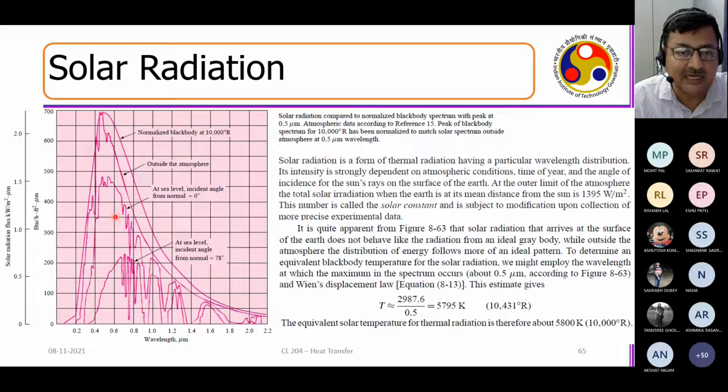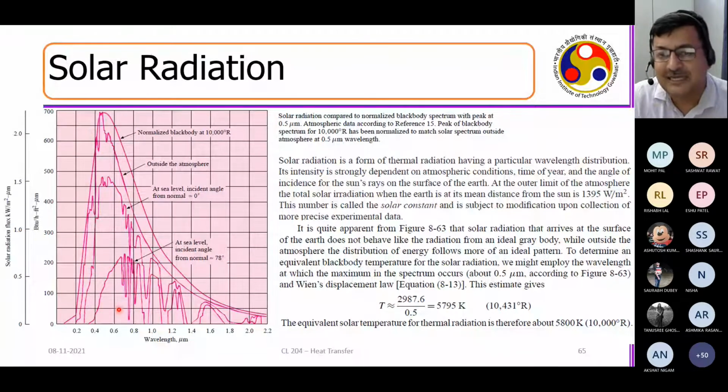So this is a very clear indication that although outside the Earth atmosphere the solar irradiation behaves more like an ideal or black body radiation, inside the atmosphere, the solar irradiation behaves more like a gray body, where you don't see the similar type of Wien and Planck's equation. It follows, but it's more of a kind of realistic surface.